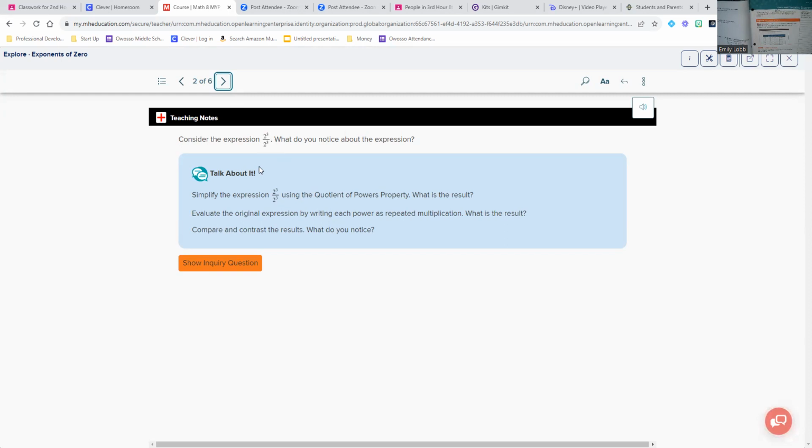Quotient means to divide, but we're going to do what with our exponents of the same bases? We're going to subtract. So we have 2 to the 3 minus 3. Well, what's 3 minus 3? 0. So we have 2 to the 0.